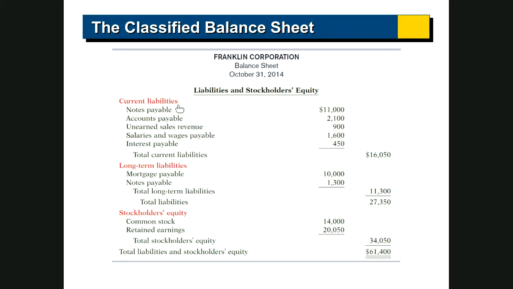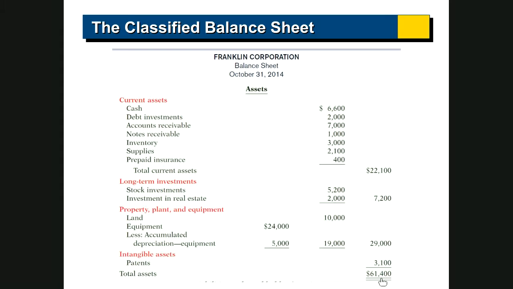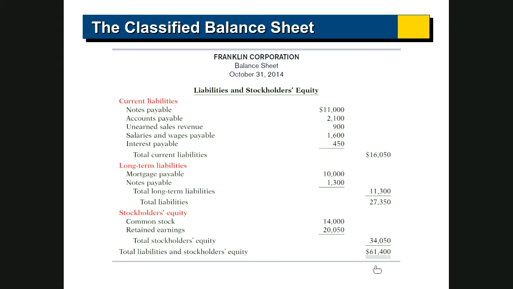We have current liabilities, we have long-term liabilities, and we have stockholders' equity. You notice the total liabilities and stockholders' equity equals the total assets. So it is always the case. The total assets, 61,400, should equal the total liabilities and stockholders' equity.